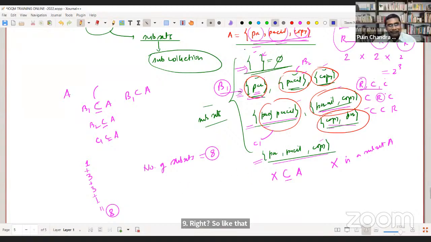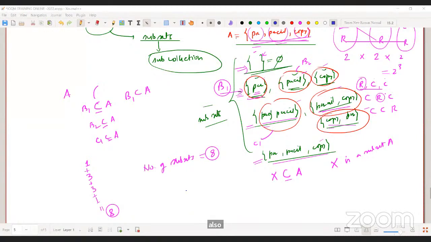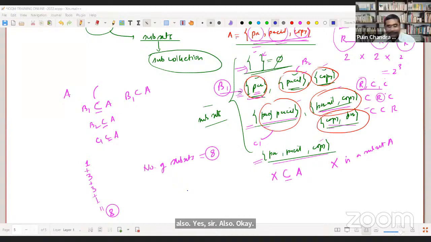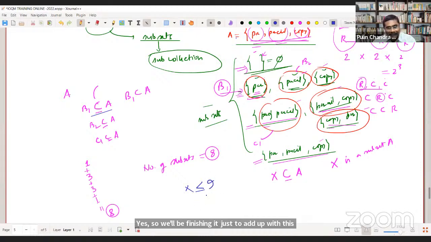Yes, sir. Also, I will do some problems on this later, in the next session. So we'll be finishing it. Just to add, if we consider X less than or equal to 9, and if we write 3, 9, then here the symbol will be this. Whenever we are clear about these two, then we use the strict one.